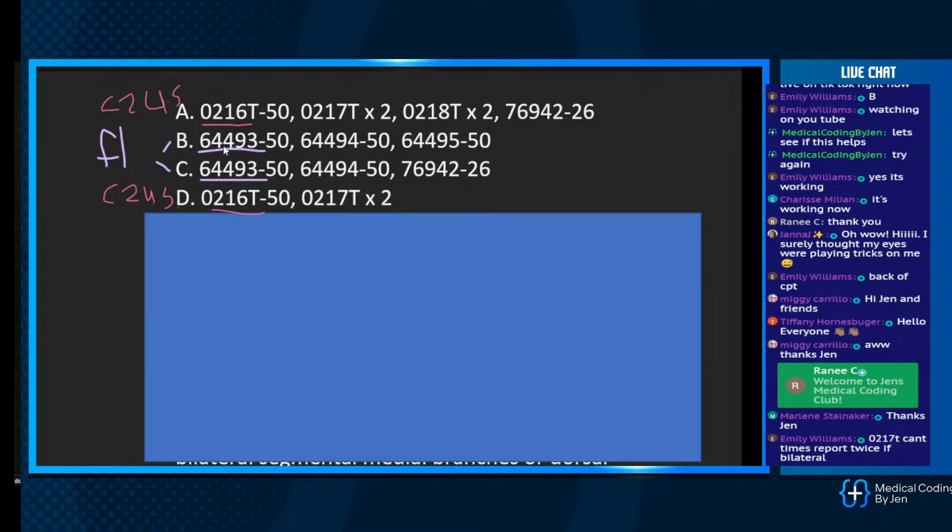Be sure and do that. Also, back here at the 0216, say if fluoroscope, go see 64493. That way you're directing yourself back and forth to the correct areas, just in case. All ultrasounds are going to be in the category 2s.